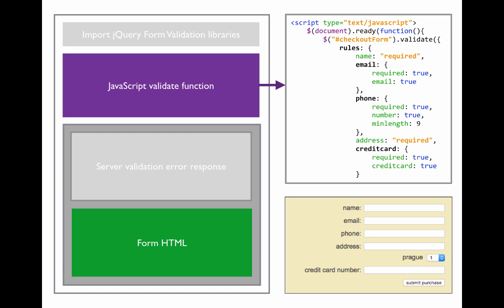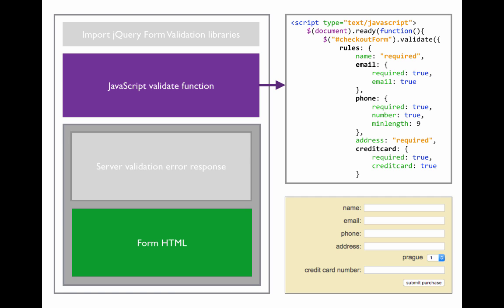Our form will have input elements with names name, email, phone, address, and credit card. Note that the name and address elements map to the string required. This means that the user is required to put something in these fields. As that is the only rule that applies to these fields, the keys can map directly to the required string.